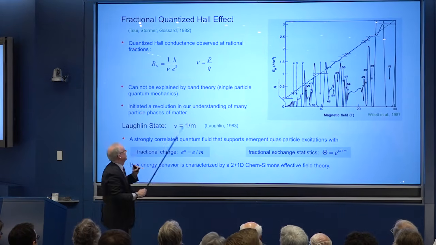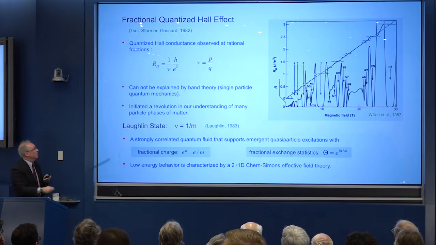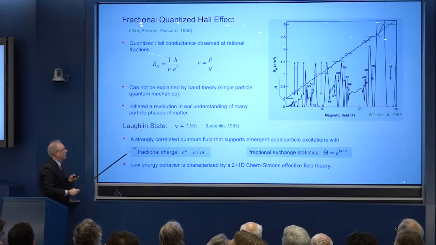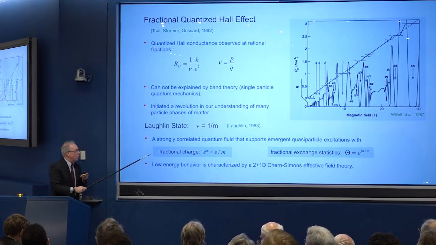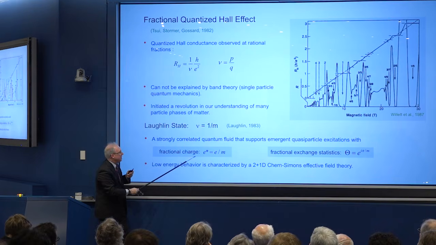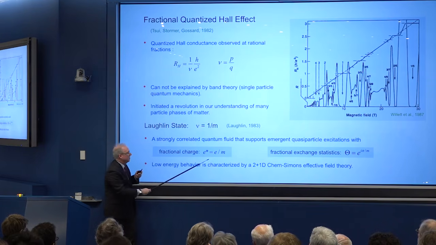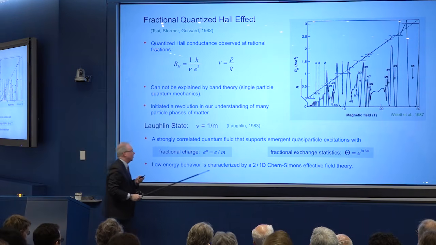Okay, and so this was a big puzzle which initiated a revolution in our understanding of many particle phases of matter. And in particular, Laughlin figured out a way of understanding this, which predicted that this quantum Hall state is a very exotic state which can support fractional charge and fractional statistics.